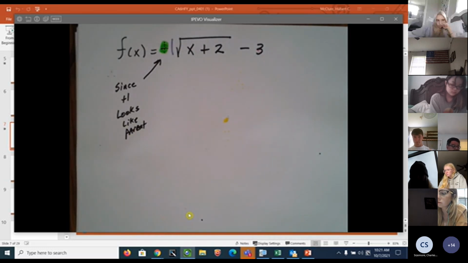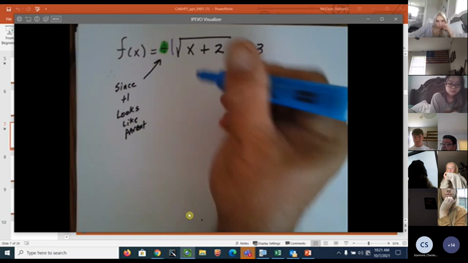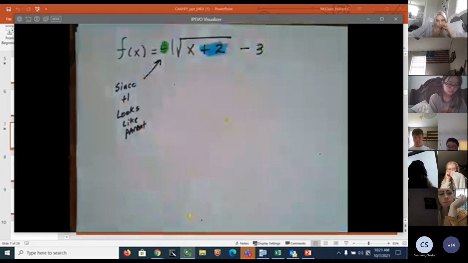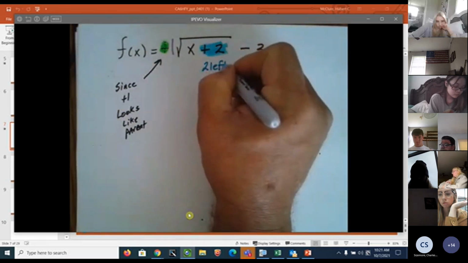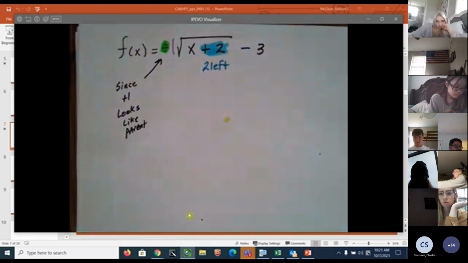We've got a horizontal shift of 2 to the left. And we've got a vertical shift of 3 down.